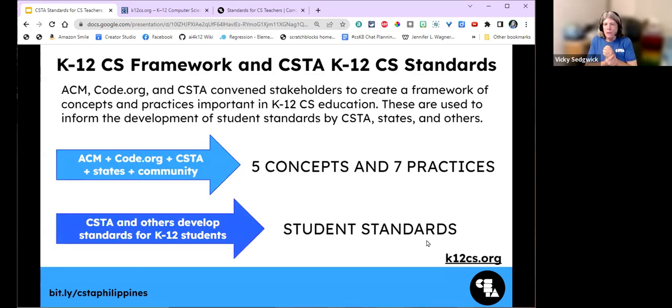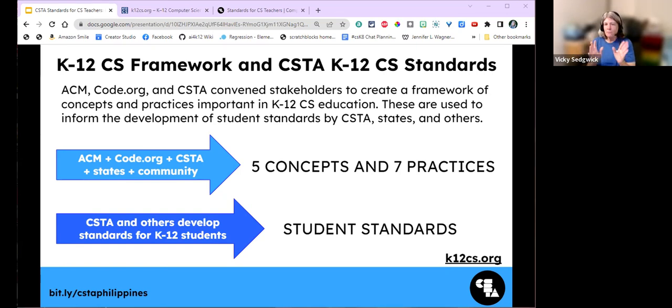Back in like 2016, 2017, ACM, the Association for Computing Machinery, who originally started CSTA, and Code.org and CSTA and other organizations, Cyber Innovation Center, National Math and Science Initiative, all got together to come up with basically a framework for computer science education in the United States.